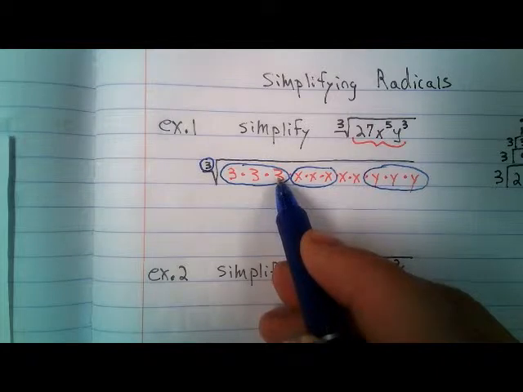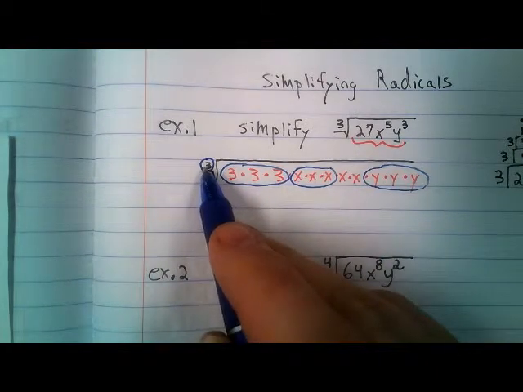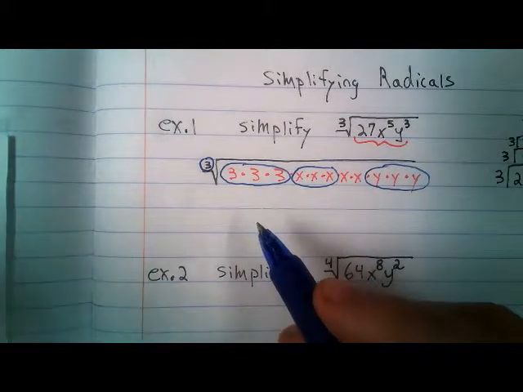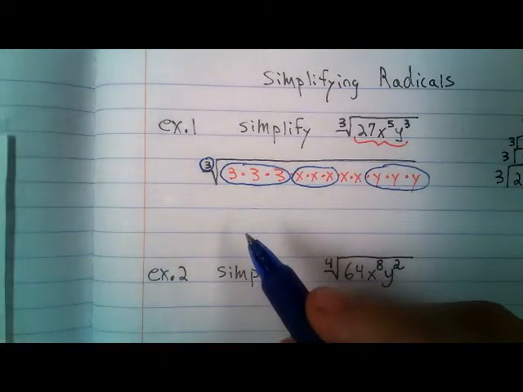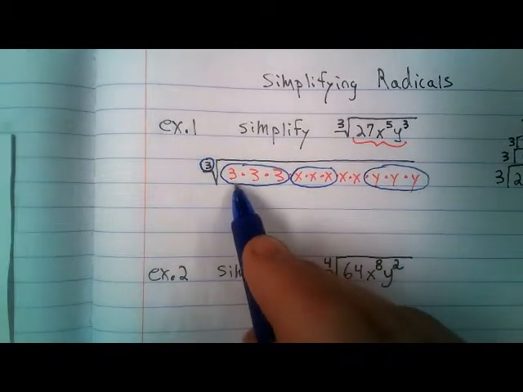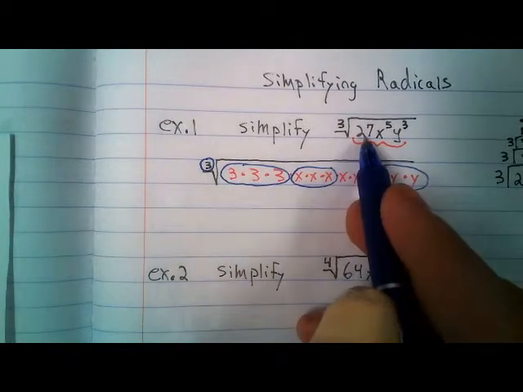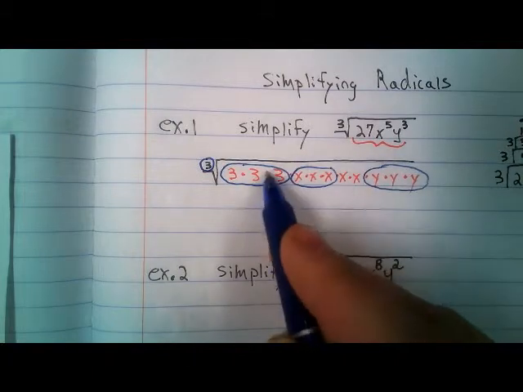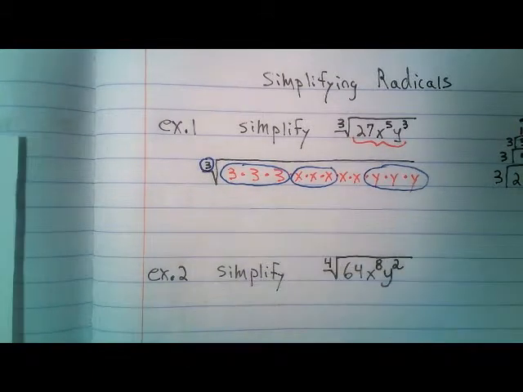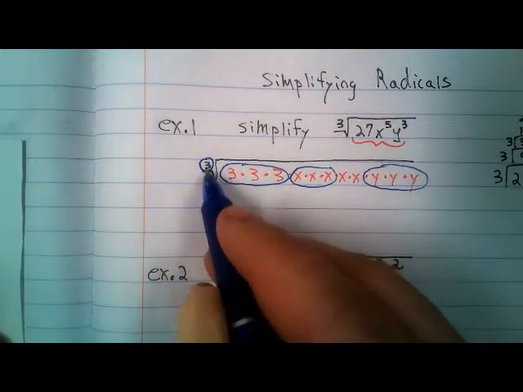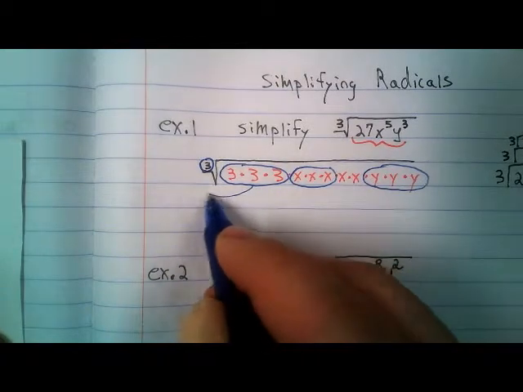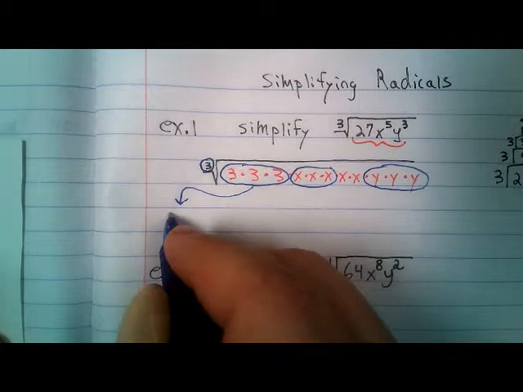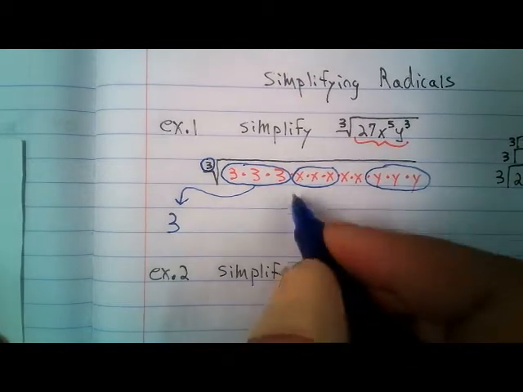Well, if cube root is finding what number you would multiply 3 times to get, well, 3 cubed is 27, which means the cube root of 27 is 3. So that's why pulling these out works. I'm looking for groups of 3 to pull to the outside of the radical. So I pulled out a 3.